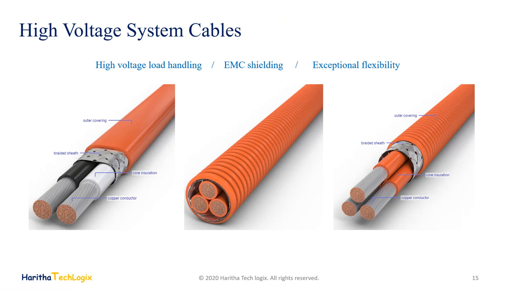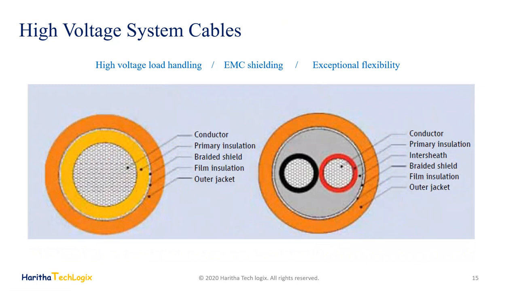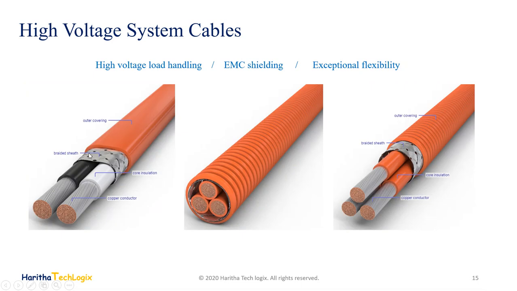We can see the high voltage cable's cross section here. It has the copper conductor, which carries the huge current and voltage of the electric vehicle components, and a braided sheath. You can see the braided sheath even in this picture, and this is mainly for protecting the cable from any sort of damage from external forces.